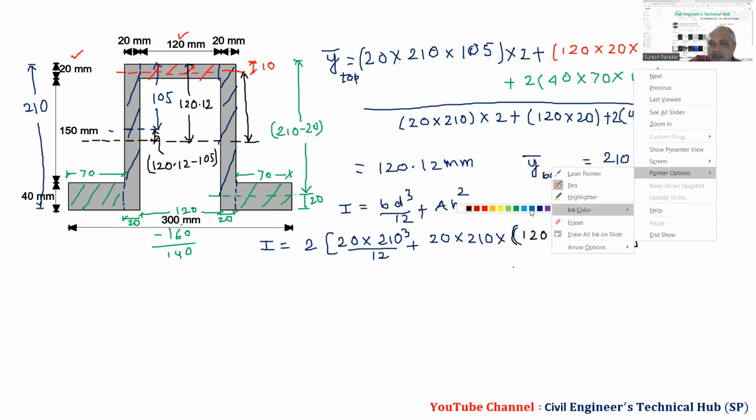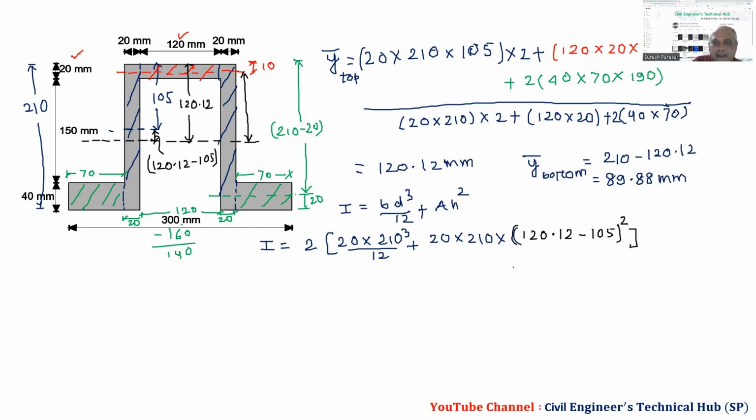So in the second we have this value plus, now this portion, the red portion. So we have BD cube by 12, where B we have 120 and D we have 20, cube by 12, plus A into H square.